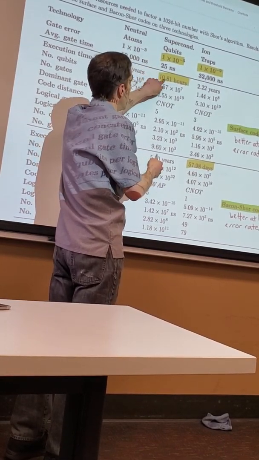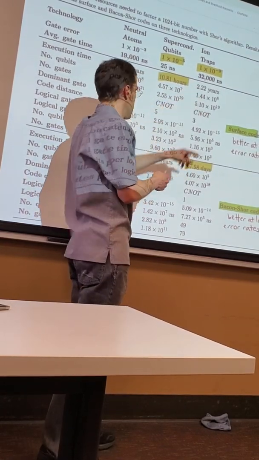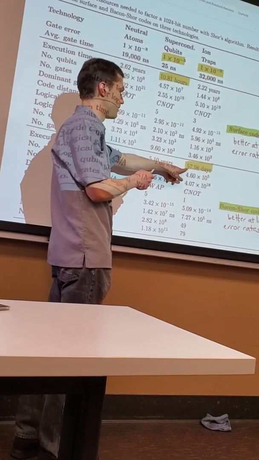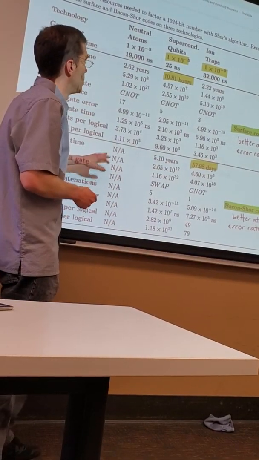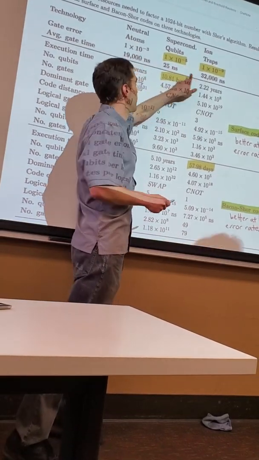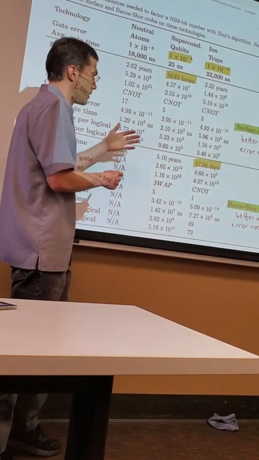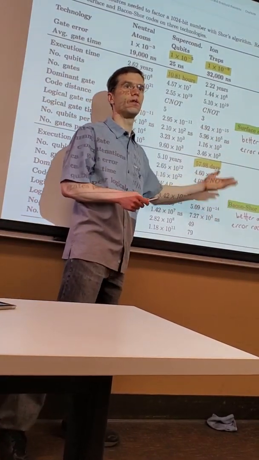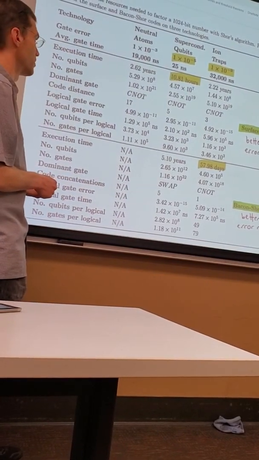It takes 11 hours versus 2 years. Here it's 5 years versus 58 days with the Bacon-Shor code. So depending on what your error rate is, 10⁻⁵ versus 10⁻⁹, very fast gates versus very slow gates, it will change which code you want to use. That's one simple conclusion from this.